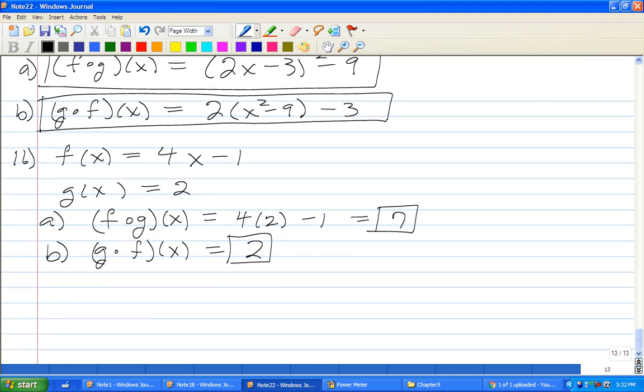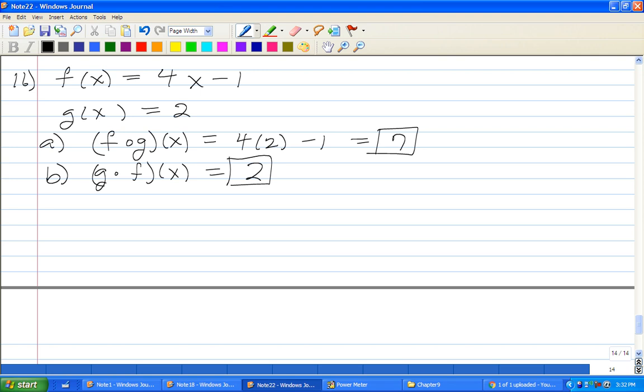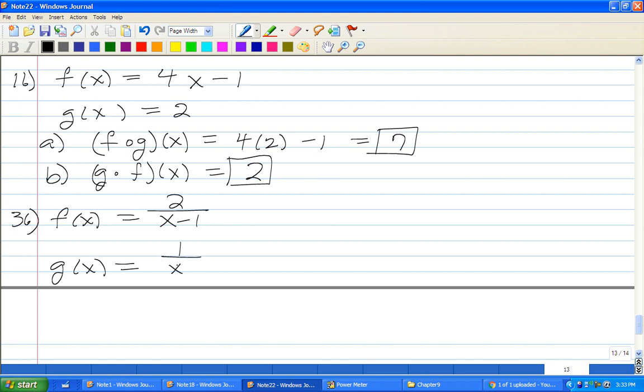Let me do problem number 36. f of x is equal to 2 over x minus 1. g of x is equal to 1 over x squared.